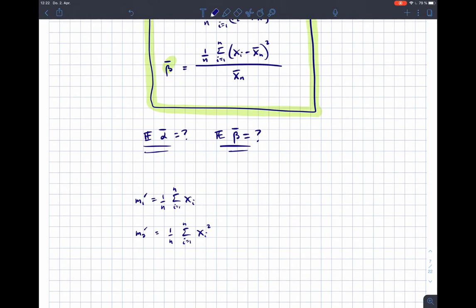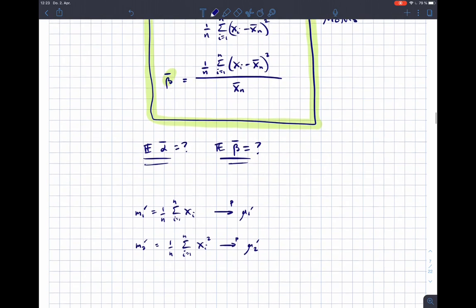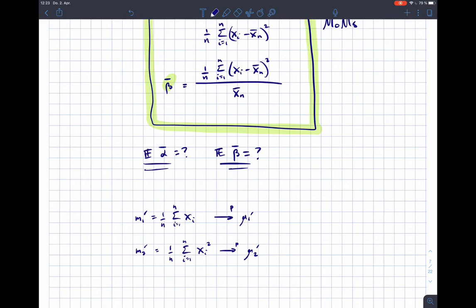It turns out that these sample moments are consistent estimators for their population moments in this situation. So we have a theorem which says that if I have some estimators which are consistent for some parameters, then if I want to estimate a function of those parameters, I just need to take the same function of my estimators and it will also be consistent.